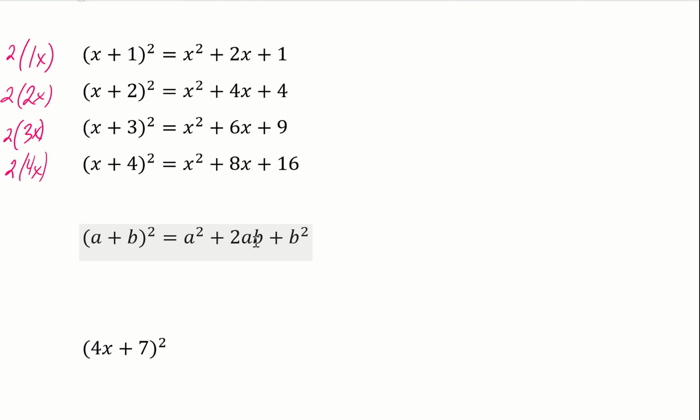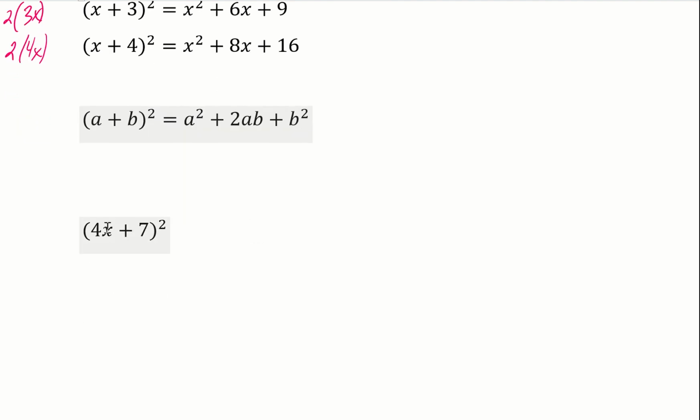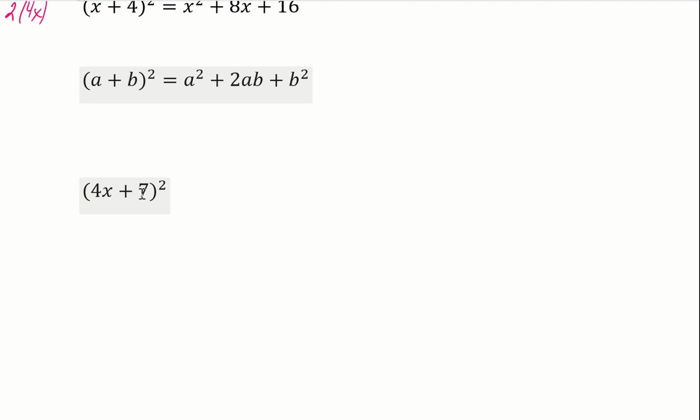Where this becomes convenient is if you get more complex binomials squared. So here we can apply this rule. If we apply this rule, we should just be able to square the first term. So that would be 4x squared. We should be able to square the second term, 7 squared.